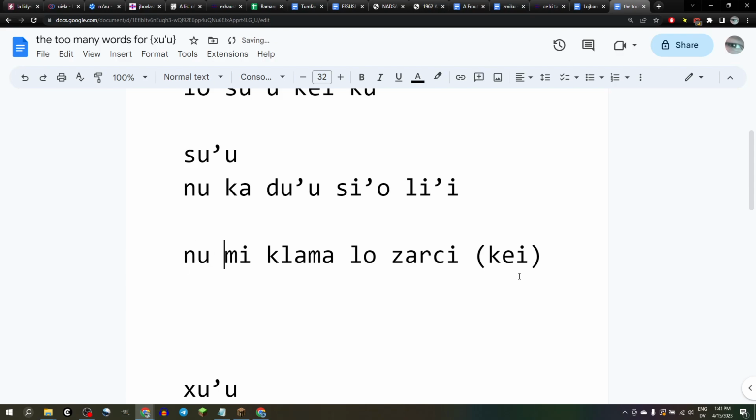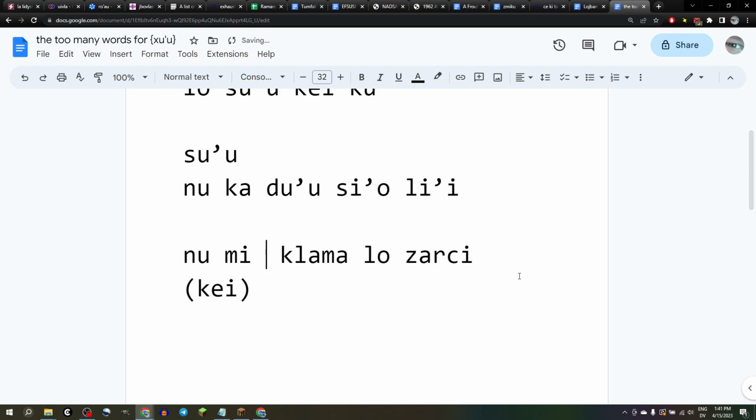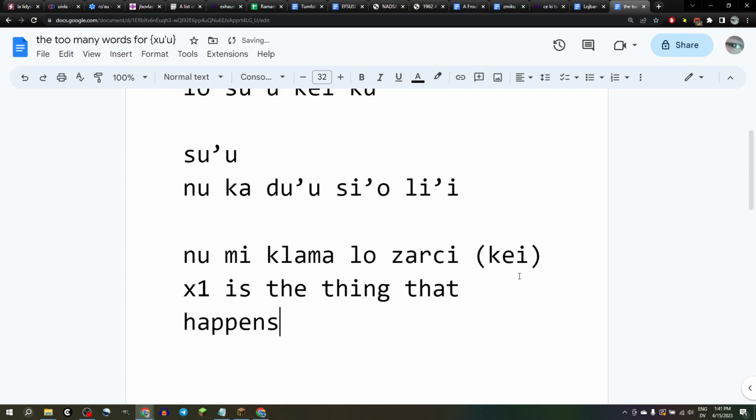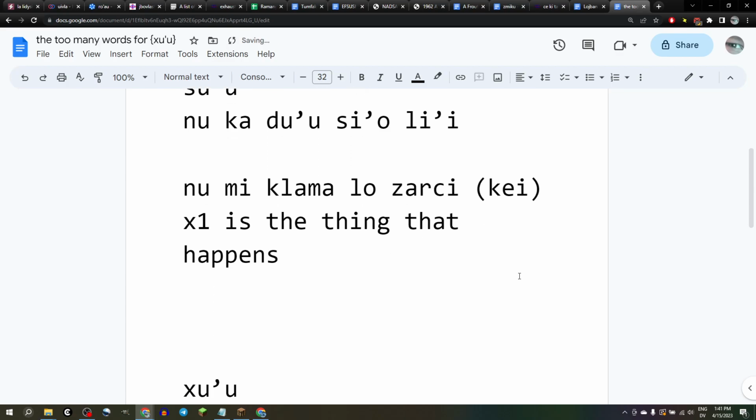So nu: this is the inside of the nu. We might have a cow, and sometimes to center or focus something in the nu, but mostly this is a verb that's going to mean the x1 is the thing happening, the thing that happened, or the thing that happens or is going to happen, the event that we're talking about.